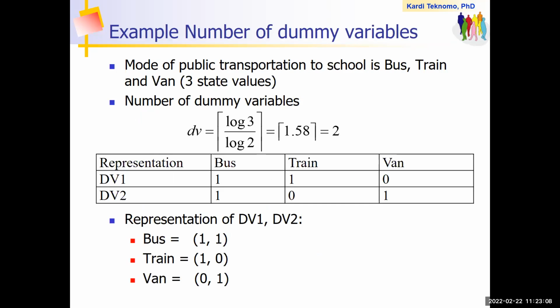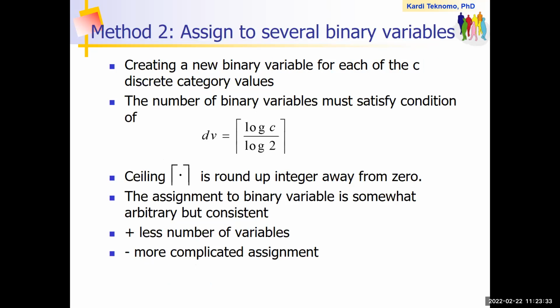Let's take an example. Again, a while ago, we used the mode of public transportation to go to school: bus, train, and fun. You have three states. The number of dummy variables is log 3 divided by log 2. You remember this is the formula from a while ago: log C divided by log 2.